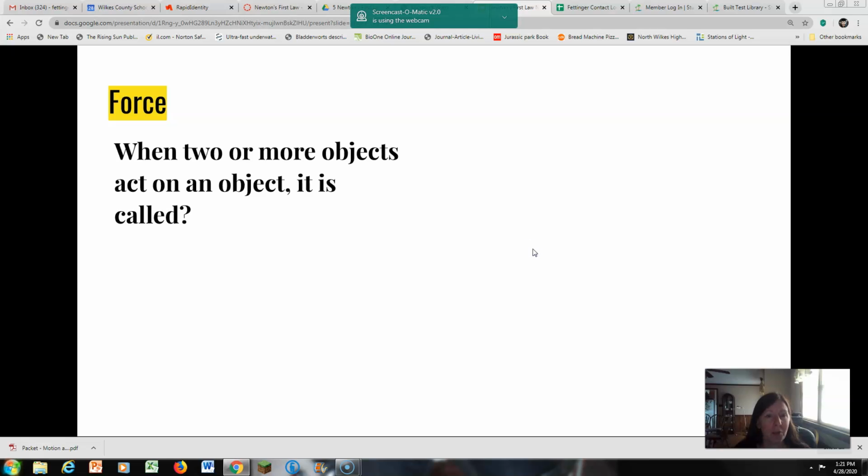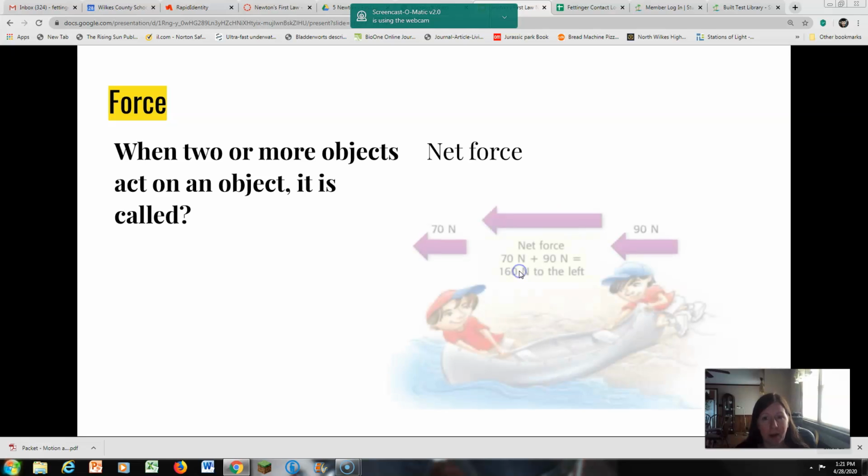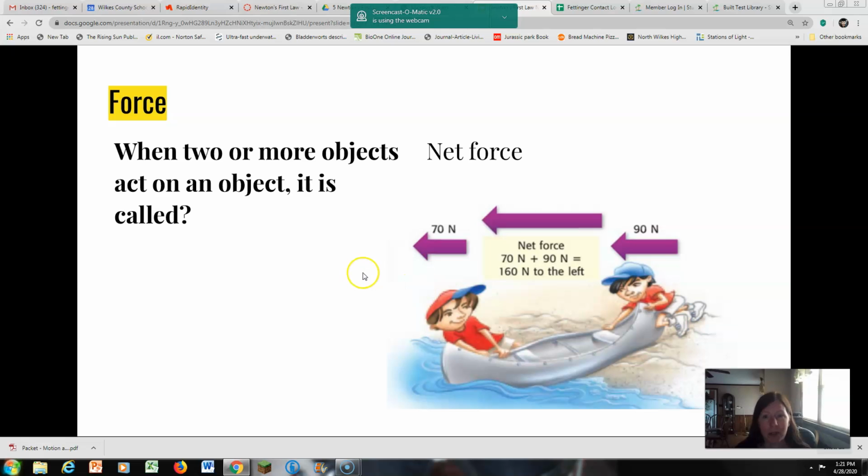So when we have more than one force acting on an object, we will try to find out what the net force is. And that's considering all the forces acting on the object. So here's an example of trying to calculate a net force. We have 2 young men who are trying to push a canoe into a stream, and they're both going in the same direction.